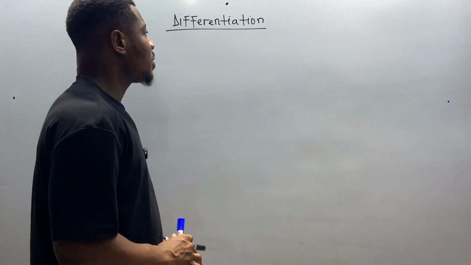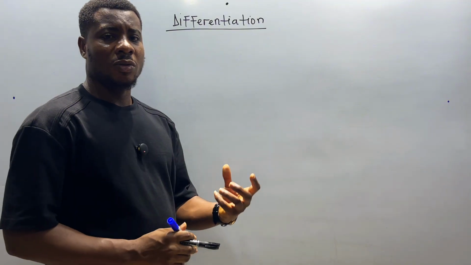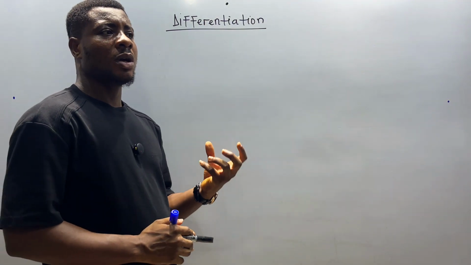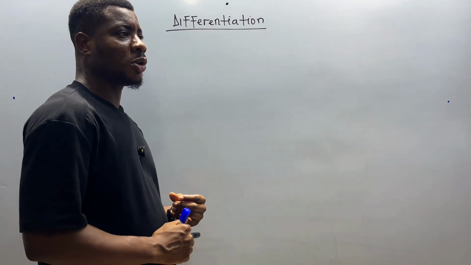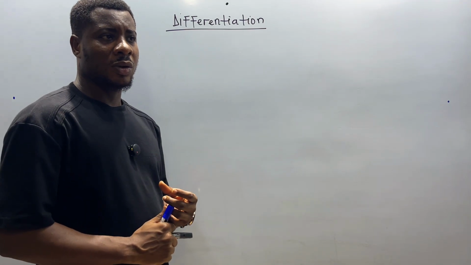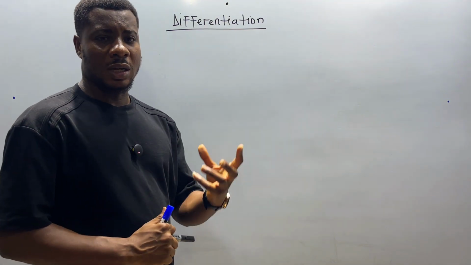When we talk about differentiation, we talk about the rate of change of a variable. That is how a variable, which we call the dependent variable, increases along with another variable, which is called the independent variable.